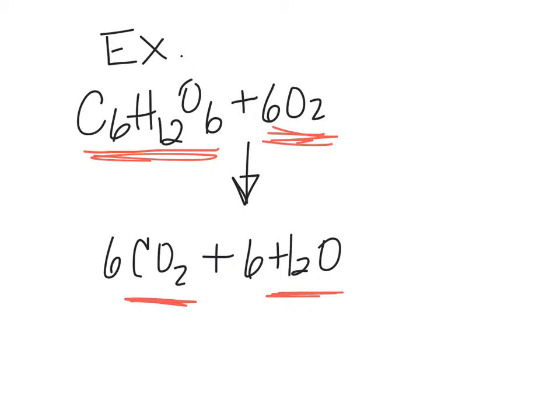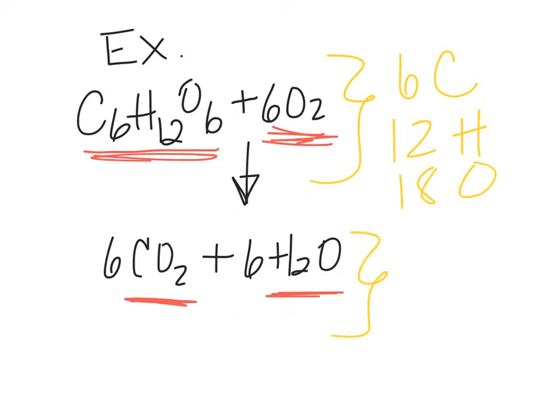But if you were to go and add up all the different types of atoms in these molecules, you would find that on this side of the arrow, where we're doing the chemical reaction, what we're starting with, you'll find 6 carbon atoms, 12 hydrogen atoms, and 18 oxygen atoms.